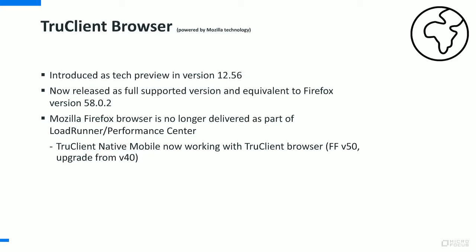Today, with the release of 1260, which was released at the end of August, the TruClient browser is now fully supported, and it's based on Mozilla Firefox version 5802. What you'll see once you upgrade to version 1260 is that the Mozilla Firefox browser will no longer be an option selection, but in place of that will be the TruClient browser.